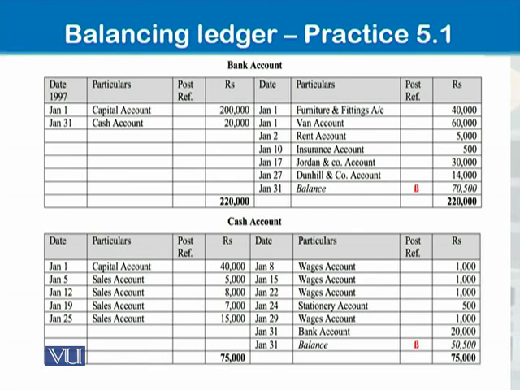So over here bank is an asset, so its balance would be appearing in the credit side and would be termed as debit balance. In the same way, cash again a member of asset having debit nature, its balance would always be appearing in the credit side but would be named as debit balance.